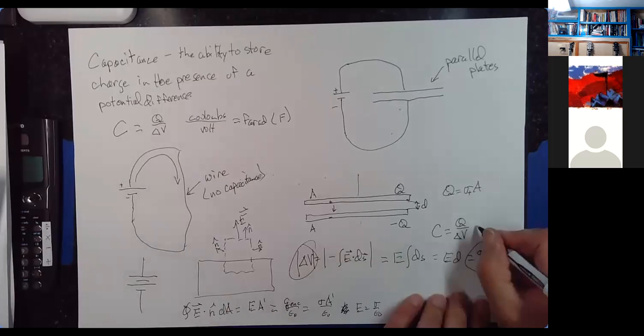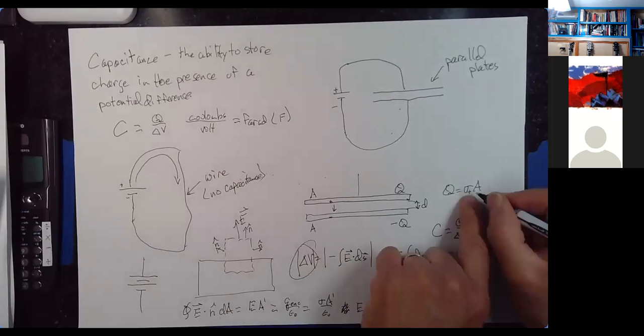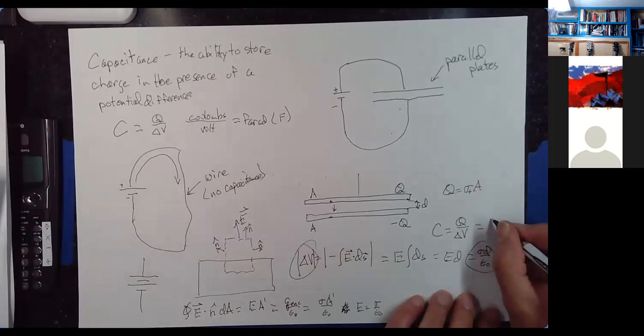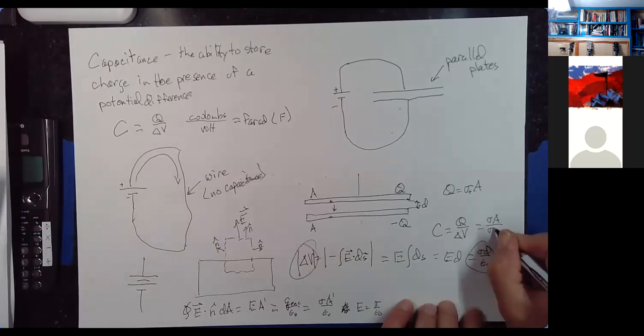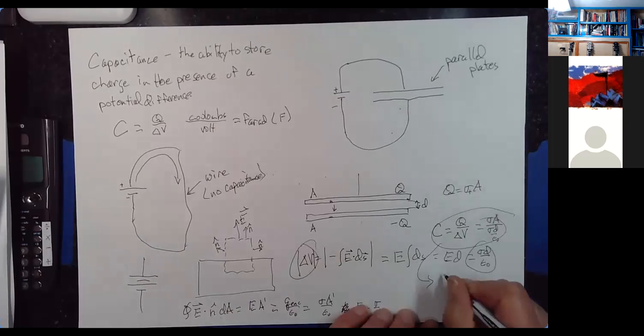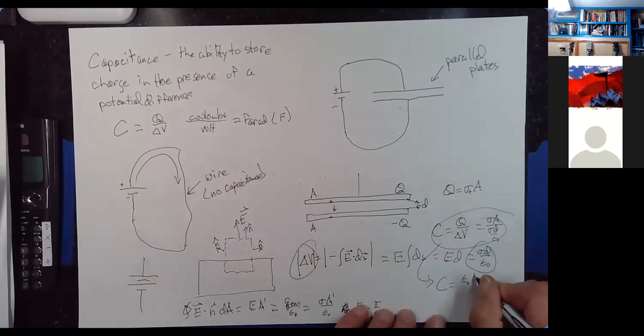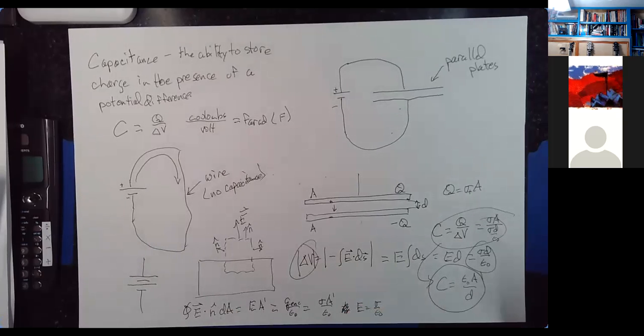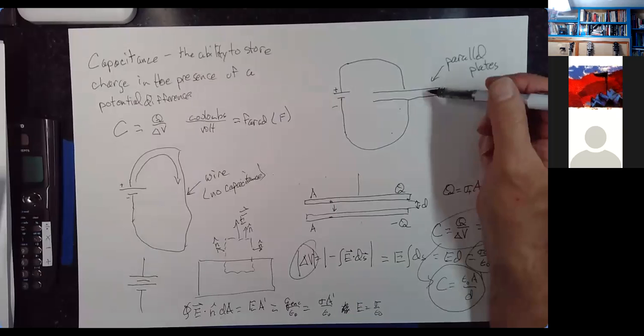Okay, well, Q was sigma times A, and on the bottom, I've got sigma times d over epsilon naught. I end up with, I'm going to bring this down, the capacitance is going to equal epsilon naught A divided by D. For a parallel plate capacitor with either air or vacuum would be kind of impractical.